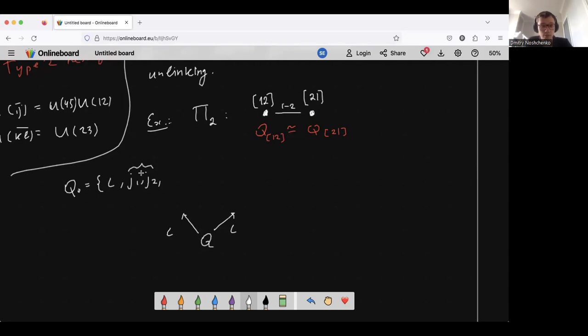So this 1 and 2 would be associated to these two nodes and maybe something else. We don't really care about the rest. So this is for Q. And unlinking now Q at iota and J1 on one side and iota J2 on the other side will give you some quivers.